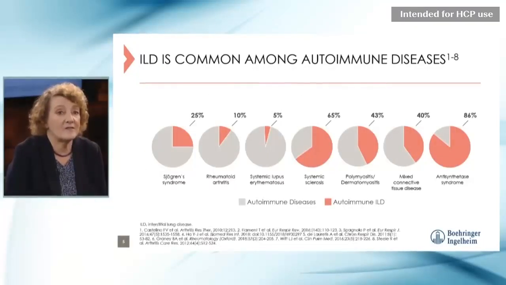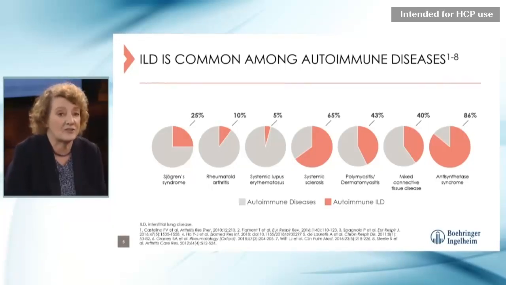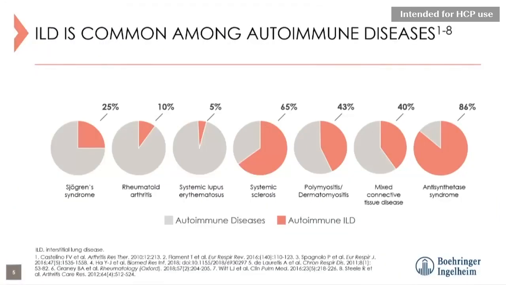So ILD is very common among all the autoimmune diseases, but it has quite a bit of variation. The most common is in systemic sclerosis and in antisynthetase syndrome, where as many as 70 or 80% of the patients will have significant interstitial lung disease. However, they're not the most common autoimmune diseases.